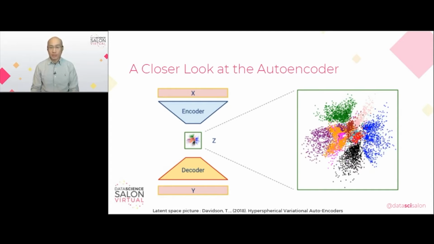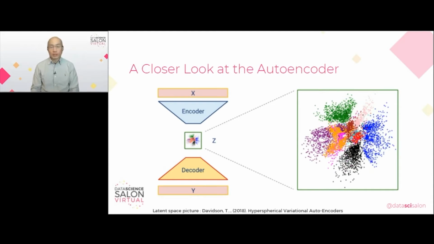But in this case, we're just simplifying it to 2 dimensions so you guys can see what's going on. During training, the autoencoder would map music of similar features to similar locations on this Z plane. For example, it would map music by the Beatles to these green dots and music by Mariah Carey to these blue dots.